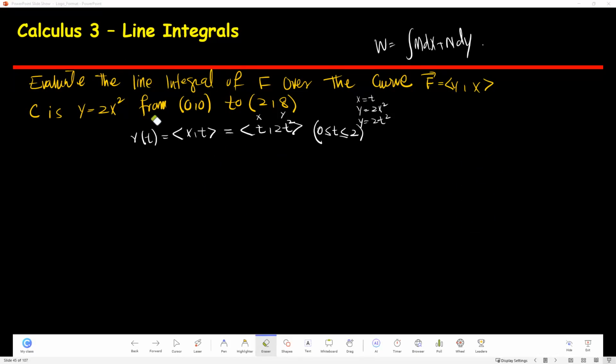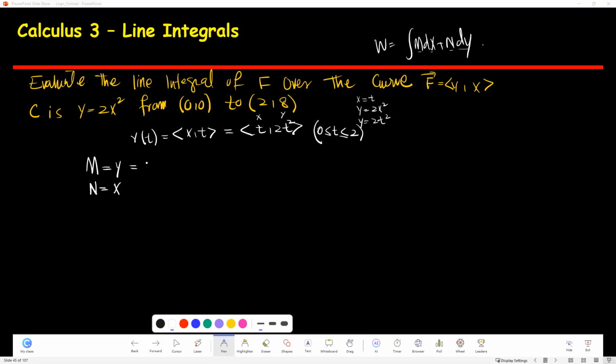So I'm going to get this one pretty much. Let's start with my m, my n. My m equals y, my n equals x. So just to be clear, the y should be taking derivative with x, dx. The x should be taking derivative with y.